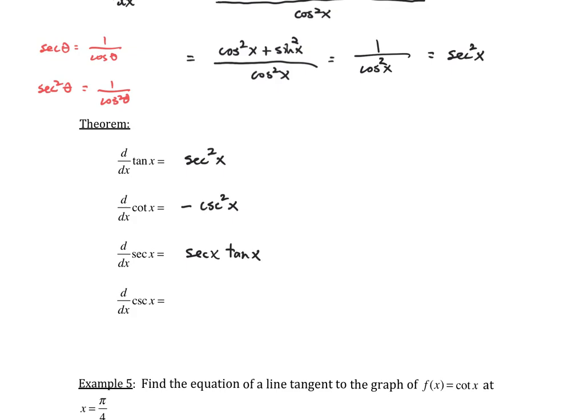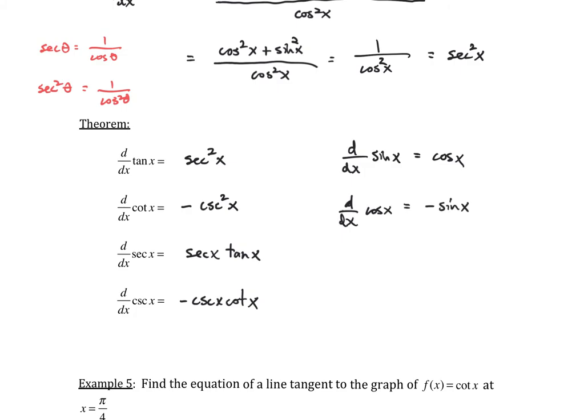And the derivative of cosecant is negative cosecant x cotangent x. I'm also going to rewrite the two derivatives that we talked about earlier. The derivative of sine of x, remember, was cosine of x. And the derivative of cosine of x was equal to negative sine x.